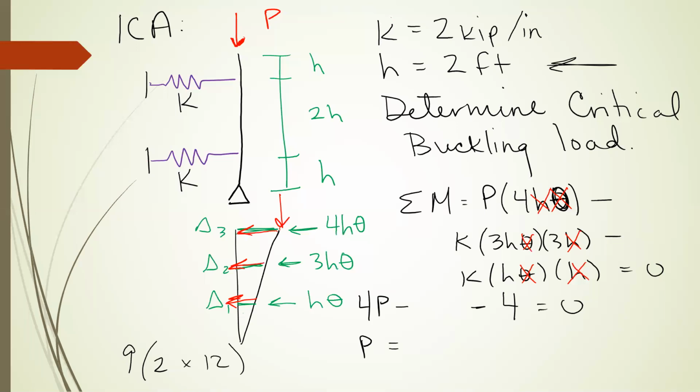So what's 24 times 9? 216. Cool. And then here we have 2 times 12, which is 24. So that should give us P equals 120 kips. Cool.